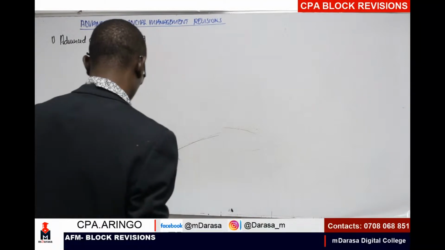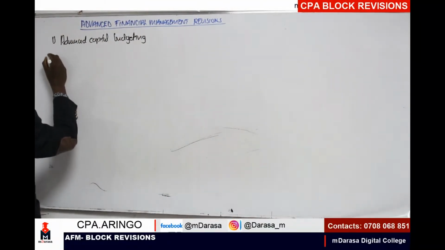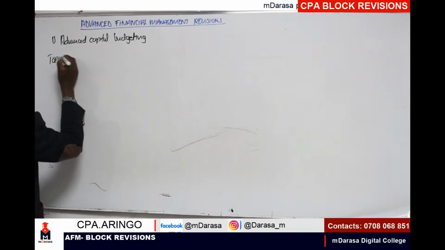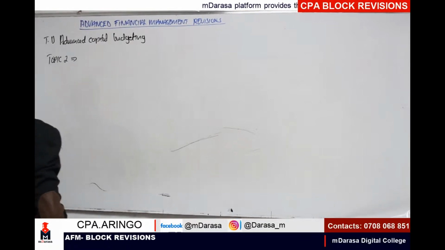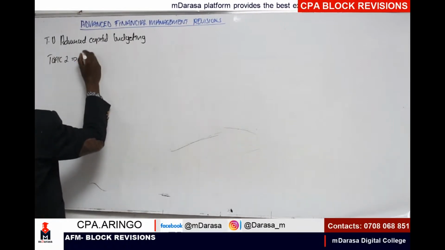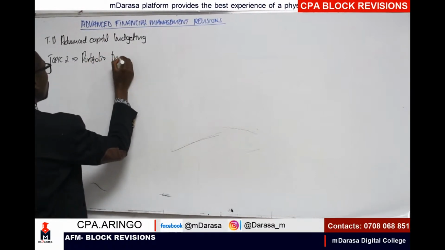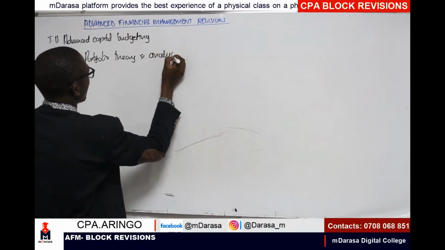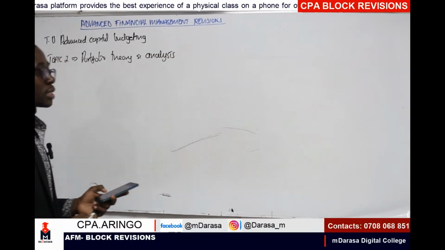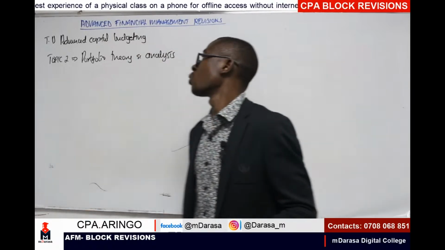After doing topic number 1, we'll talk of topic number 2. This was topic 1; this is topic number 2. Topic number 2 is all about portfolio theory and analysis. Again, you'll find that portfolio theory and analysis is amongst the backbone of advanced financial management.